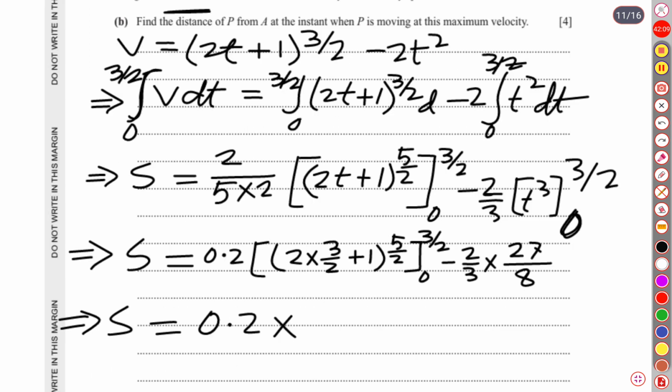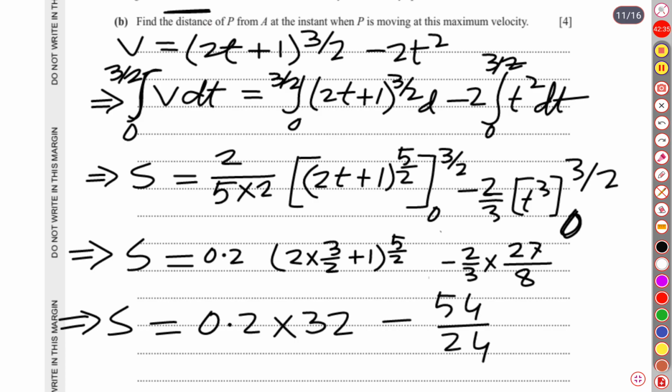Now, if we simplify more, it is going to be 3 plus 1, 4. 4 raised to this. So 2 raised to 5, so it is going to be 4, 2 square means 4. 2 raised to 5 means 32.